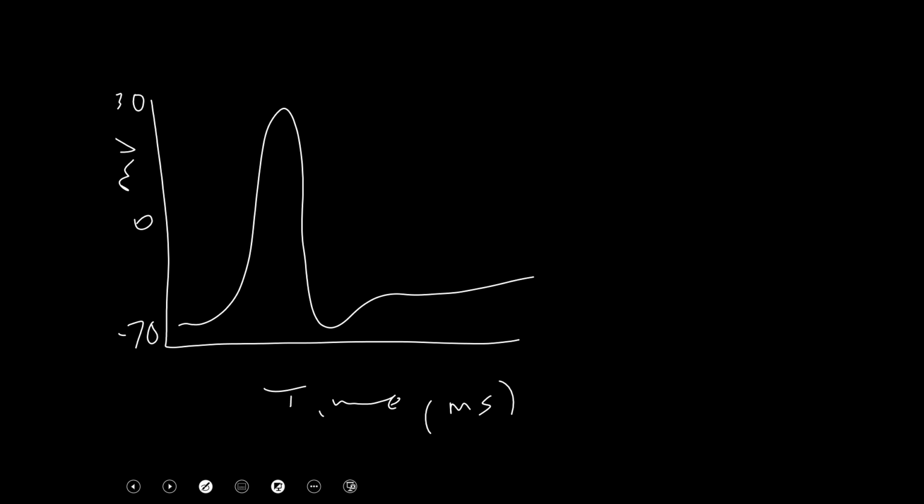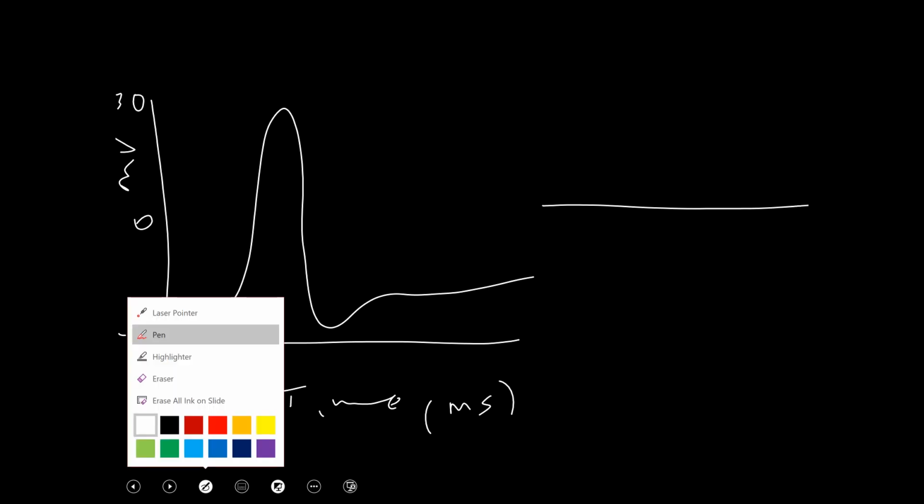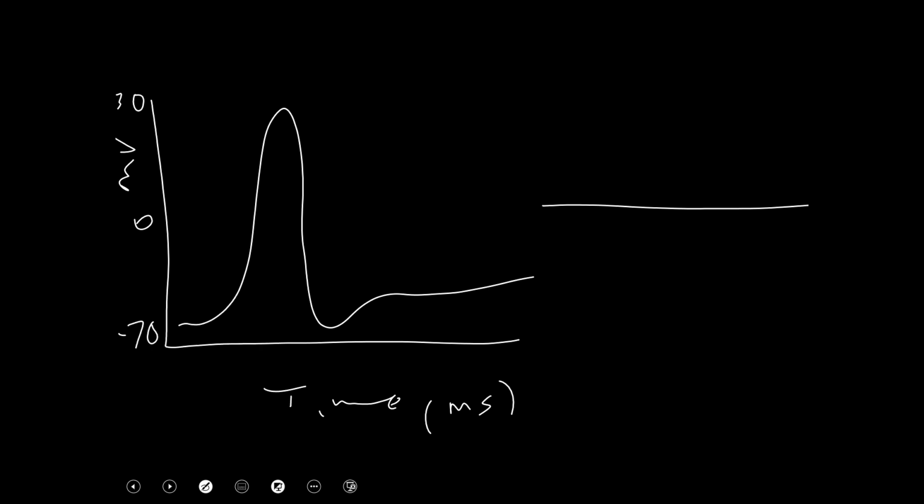As I say this, I'm going to now draw my cell membrane. With the cell membrane, I'm going to now add ions. As a nerve impulse occurs, there's going to be a rush. A rush of what? A rush of sodium ions into the cell.